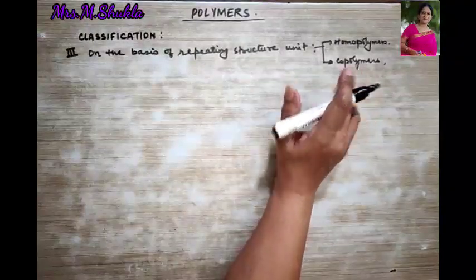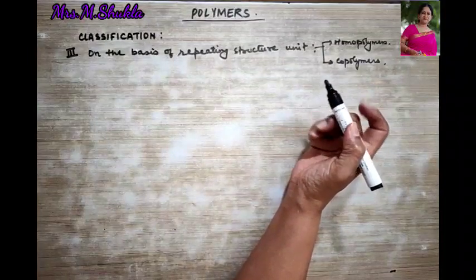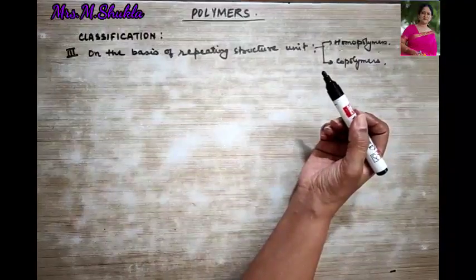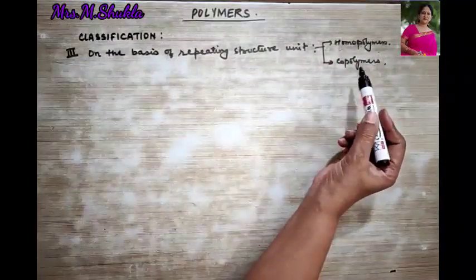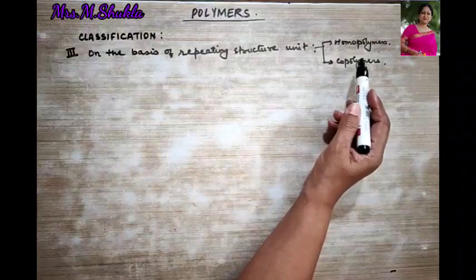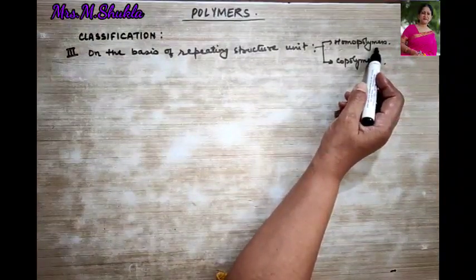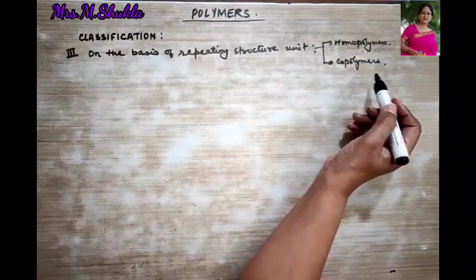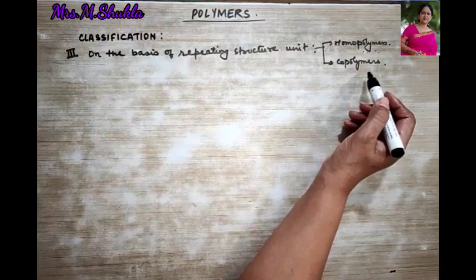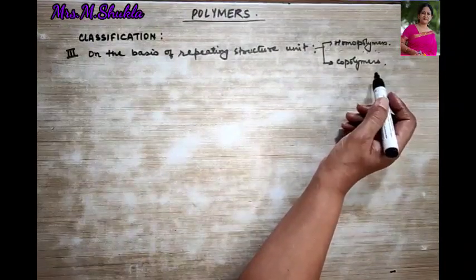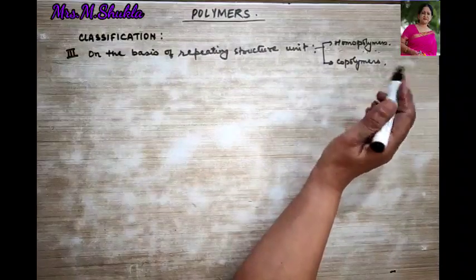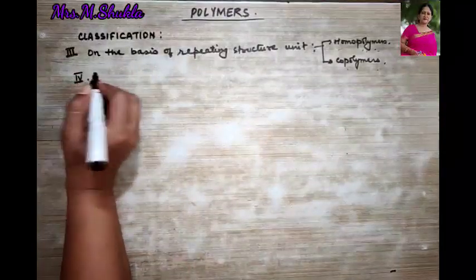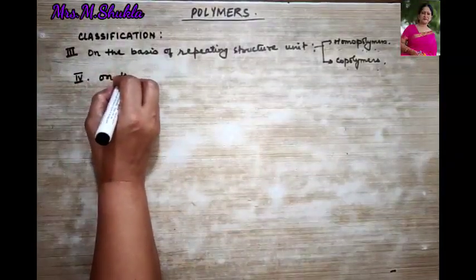So a polymer formed from one type of monomer is called a homopolymer. But if a polymer is formed from two or more different types of monomers, then it is called a copolymer. Then in homopolymers, some examples could be your polythene or PVC, right? Whereas for your copolymers, as I had told you, we had styrene butadiene rubber. That was your copolymer, right?